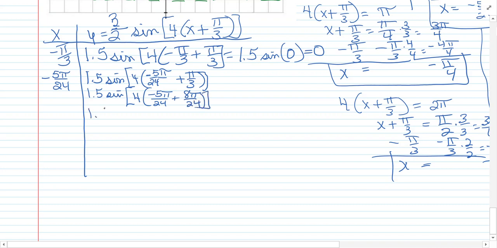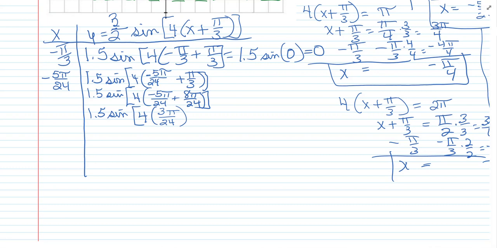So this is going to give me 1.5 sine 4 times, what is this? This is going to be a positive 3 pi 24ths. Is that right? And it is pi eighths.